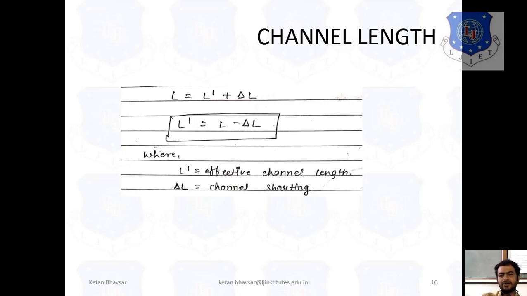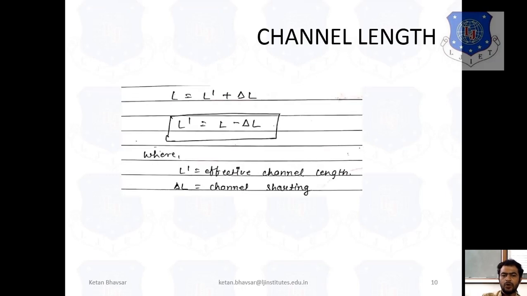So now we can write, instead of L dash, ID saturation is equal to mu n Cux by 2 W by L minus delta L, because L dash is equal to L minus delta L, into Vgs minus Vto whole square.